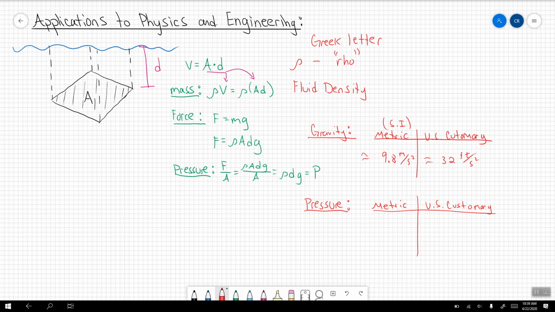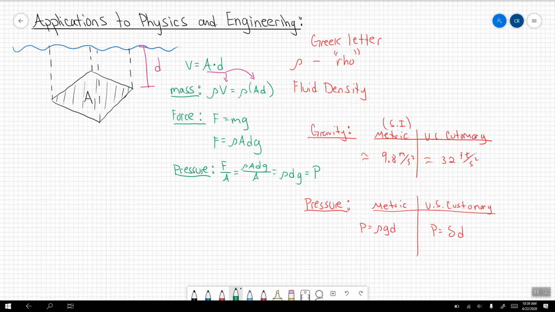If we're using the metric system, pressure is going to be rho multiplied by gravity multiplied by the distance that's being displaced. If we're going to US customary, pressure is just going to be delta multiplied by its distance.